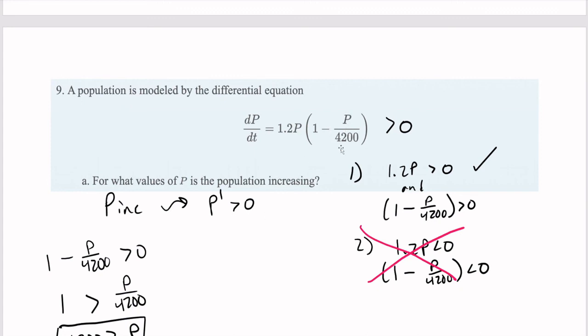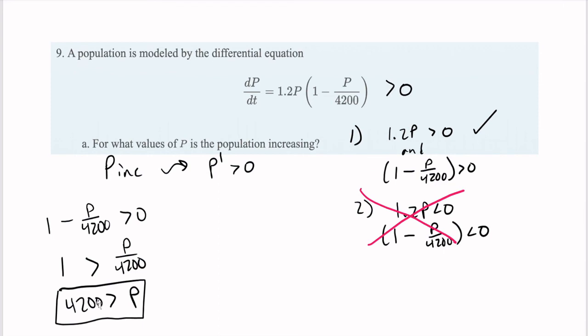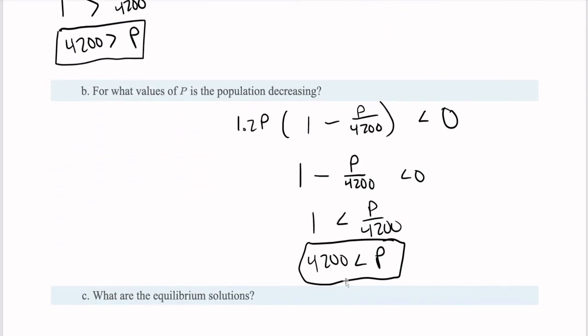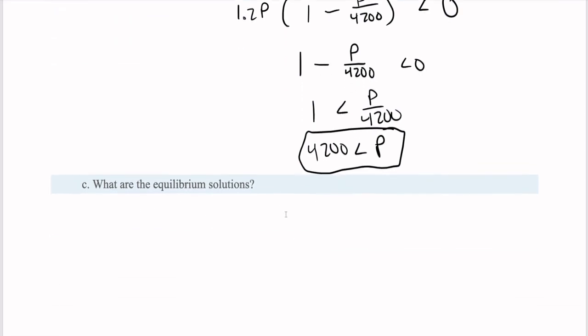If your population is smaller than that number, the population over time will try to increase up to that. If your population is bigger than 4,200, there's too many people, deer, whatever, and the population is going to decrease towards that.